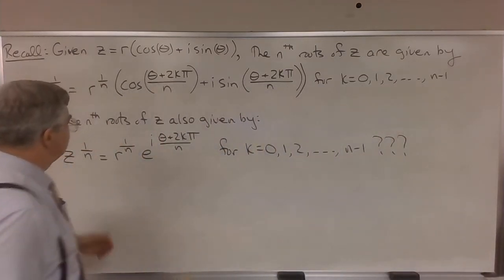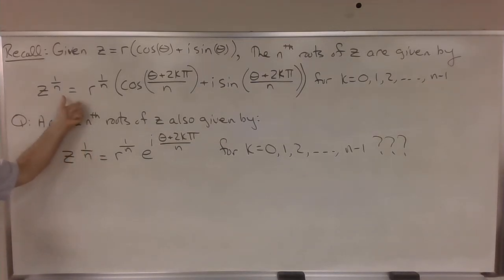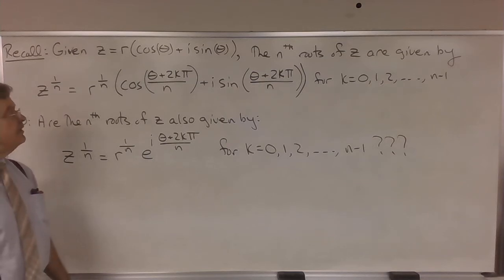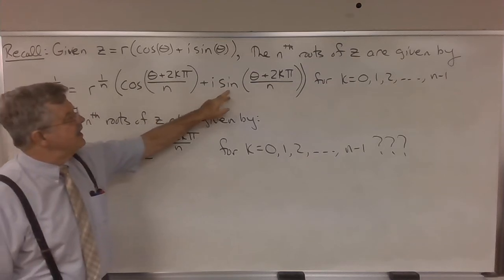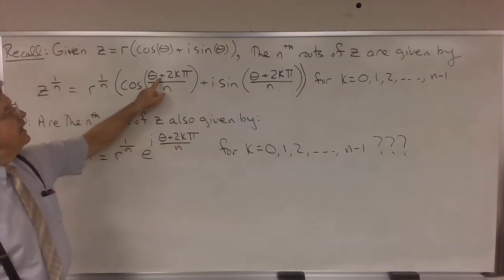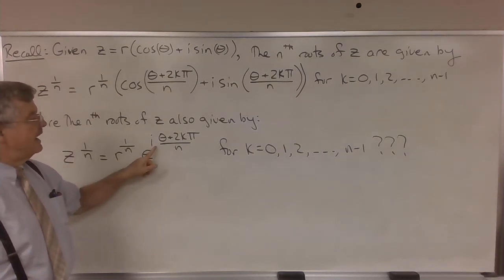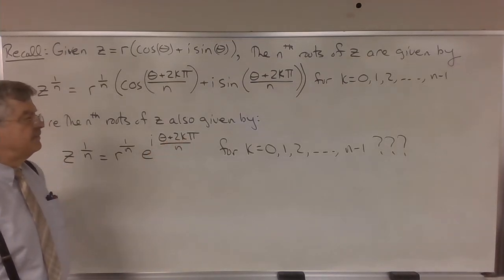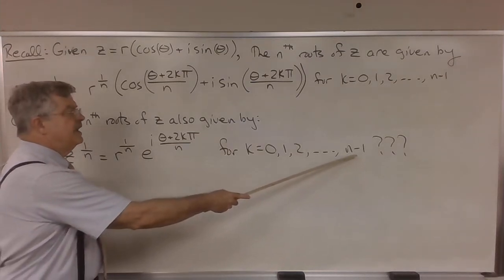And if the exponential notation is perfectly consistent with the polar notation, then we can replace cosine plus i sine of theta plus 2k pi over n with e to the power of i times that same angle, theta plus 2k pi over n, for k equals 0, 1, 2, 3, all the way up to n minus 1.